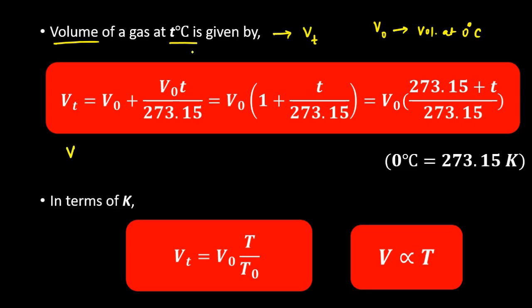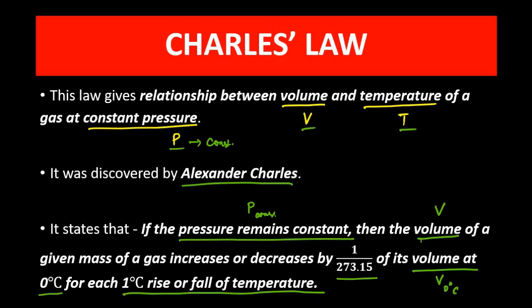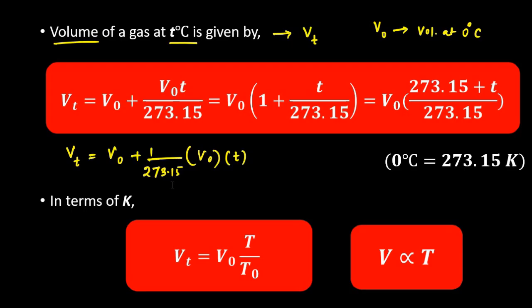Vt is equal to V0, that is the volume at 0 degrees Celsius, plus 1 by 273.15 into V0 into T. So it increases or decreases by a factor of 1 by 273.15 of the volume at 0 degrees Celsius for every 1 degree Celsius rise or fall of temperature.